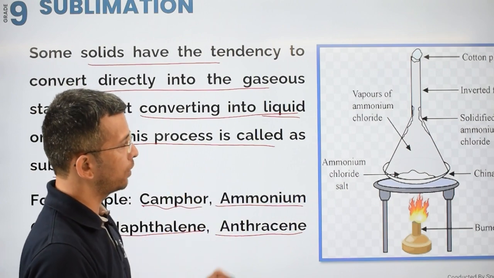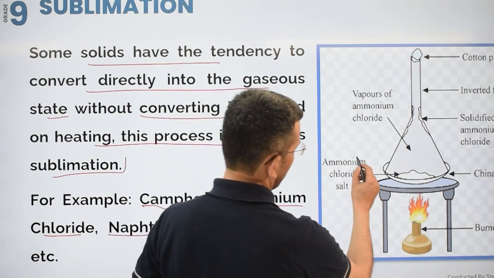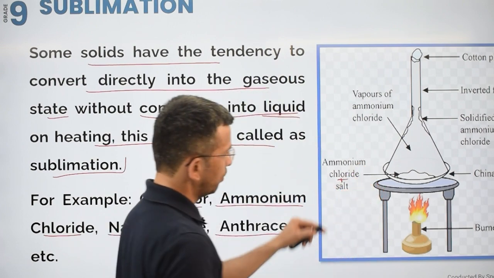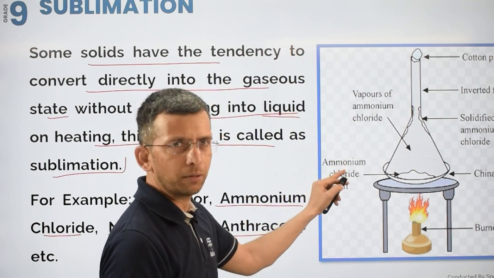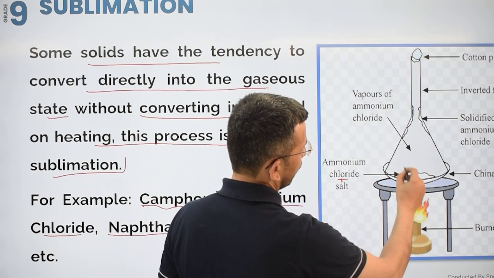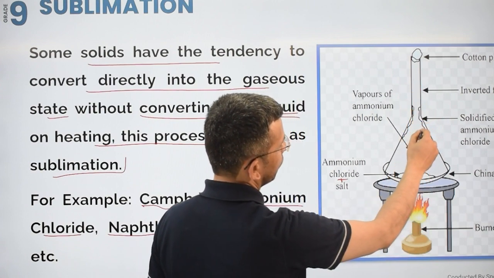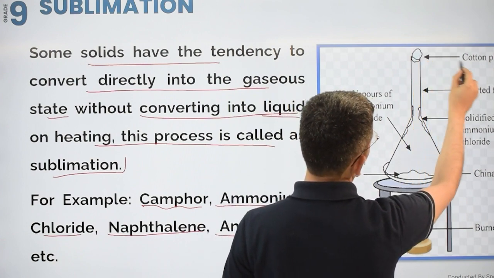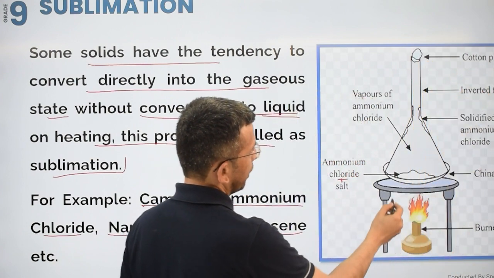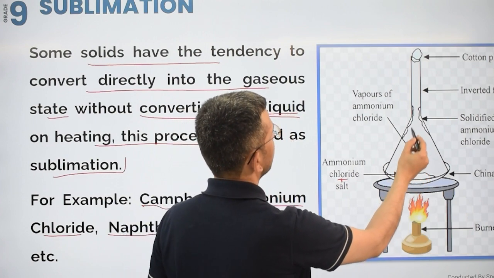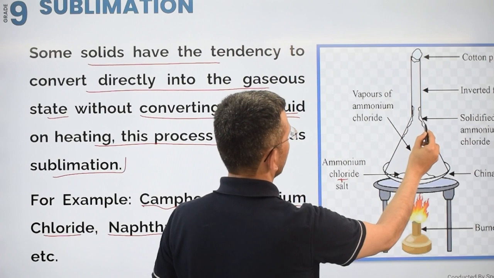So in this method, what will happen? Say I have an ammonium chloride plus salt mixture here. Ammonium chloride has the property of sublimation. So I am going to heat this mixture, and this is my inverted funnel. I am going to close this funnel from the top with a cotton plug. What will happen? Ammonium chloride will evaporate, convert into vapor, and it is going to deposit here, as you can see.